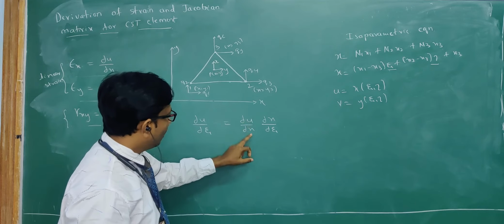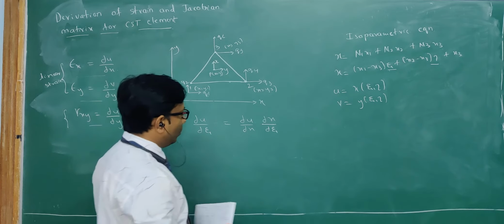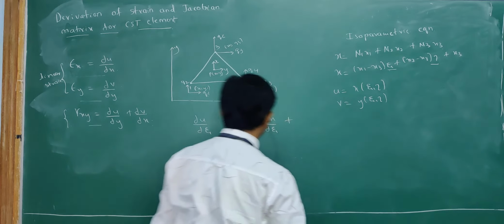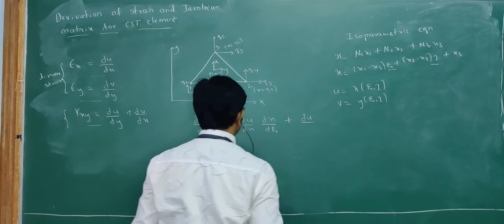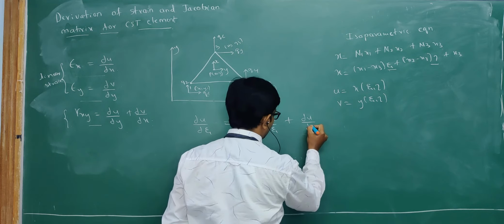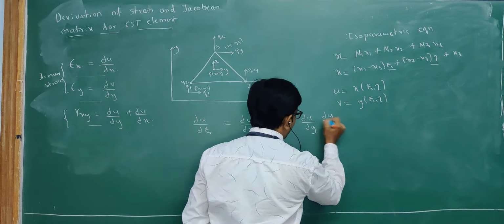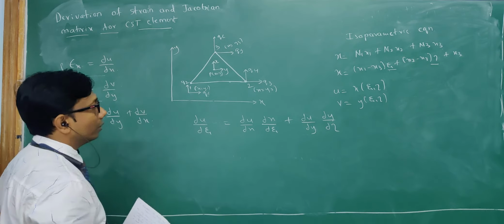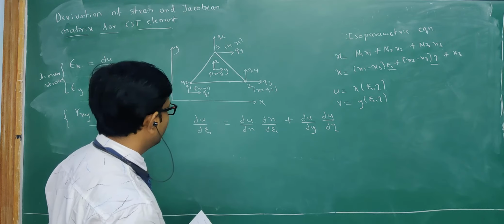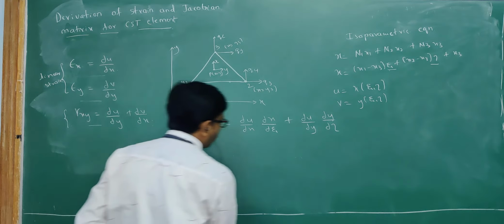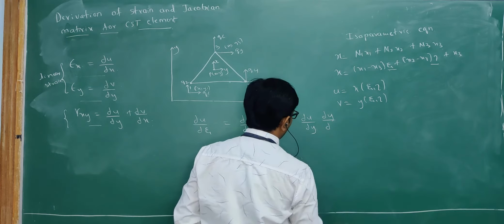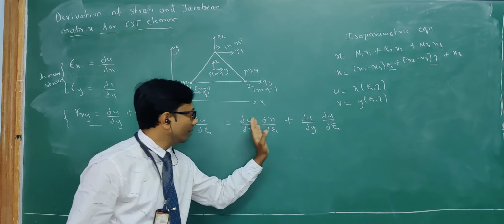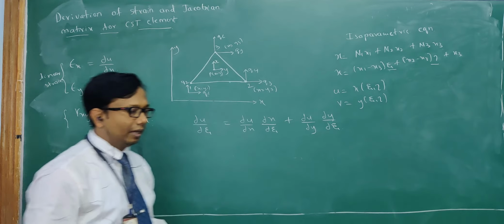Plus it is also a function of neta, so I'll be writing dou u by dou y into dou y by dou zeta. Sorry, it is dou u by dou y into dou y by dou zeta. So these are the two parameters. u is also a function of x as well as y, because zeta and neta are coming.